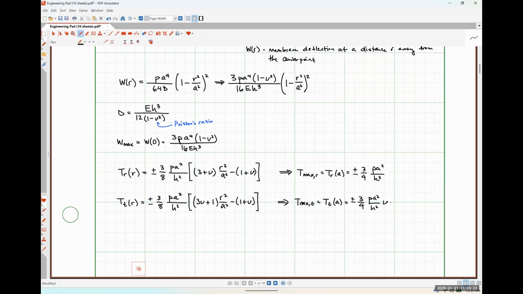One last thing that might be useful is at the very center of the diaphragm.